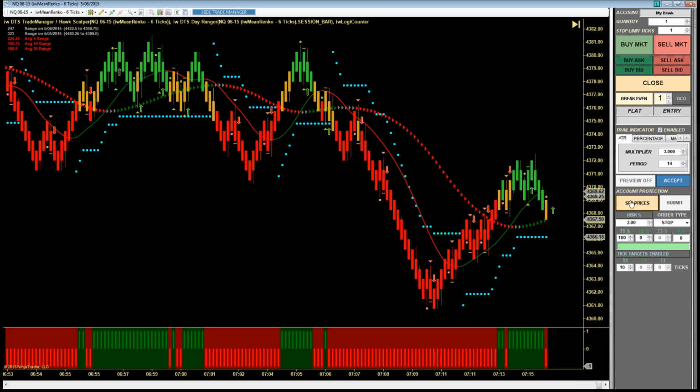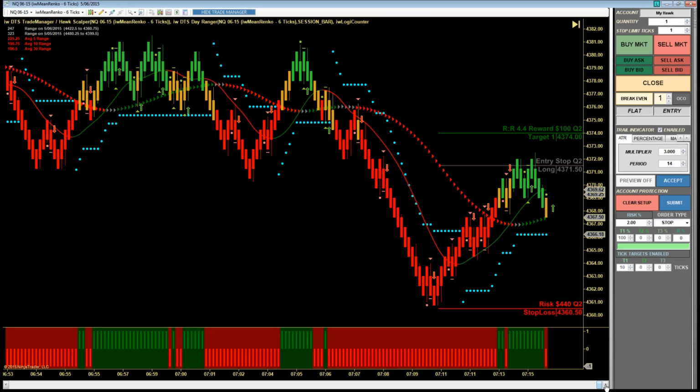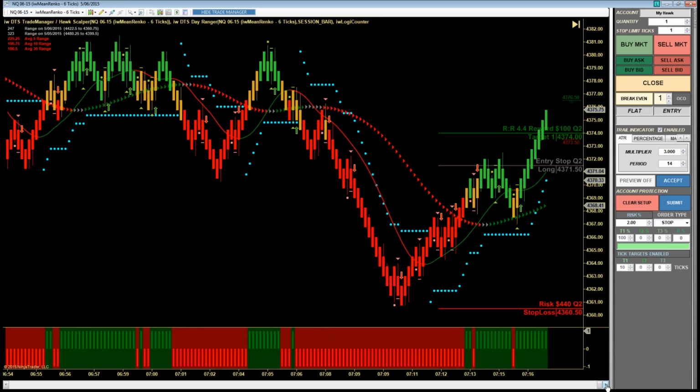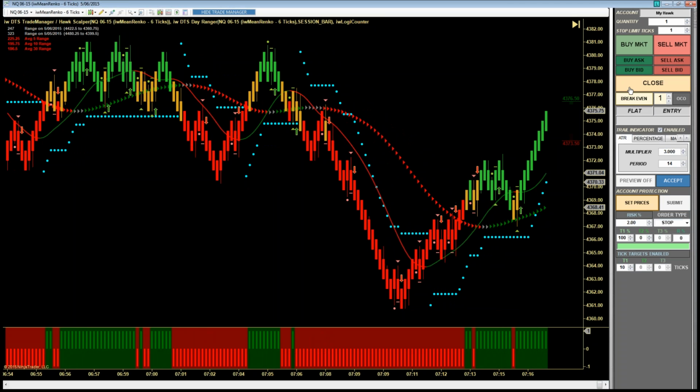But if I give myself a reasonable stop, ideally all the way down there, then once again I give the trade a chance to hit my profit objective. But because this is a counter trend signal, even though it's a high probability signal, I would probably have dialed down my risk amount on the hawk also.